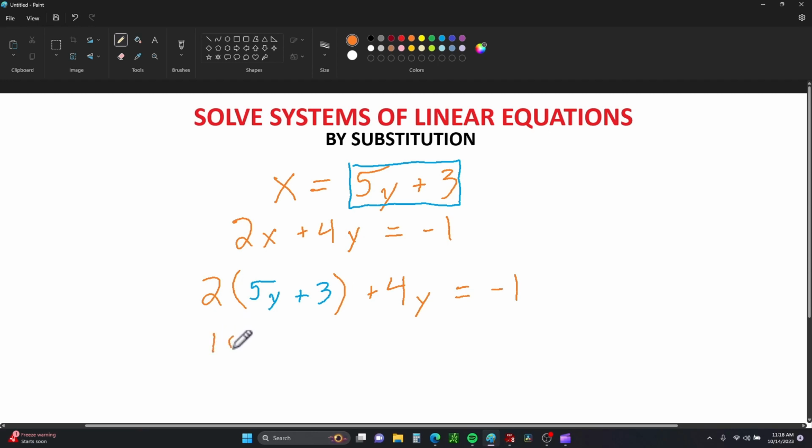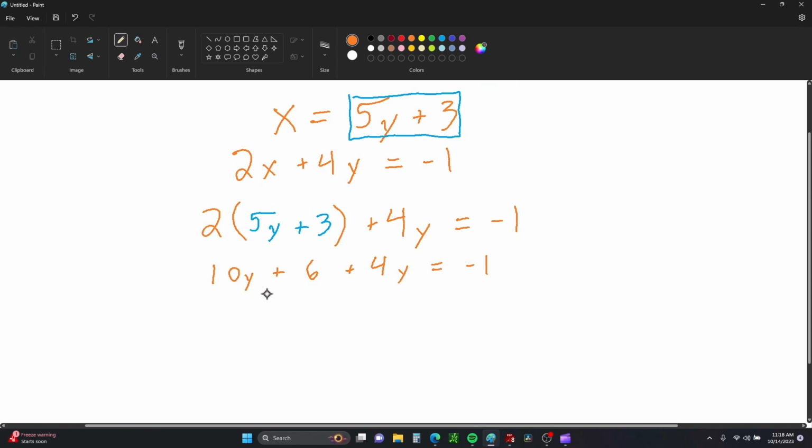So I have 10y plus 6 plus 4y equals minus 1. So I'll reorder. I'm going to combine these two. So I have 14y plus 6 equals minus 1.